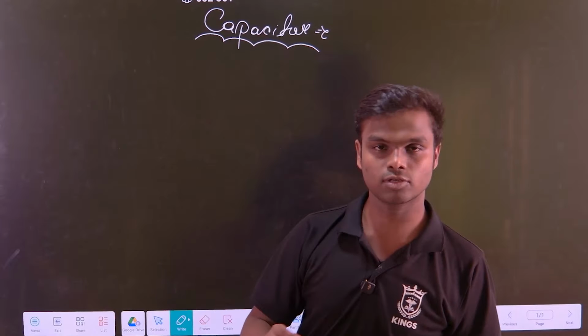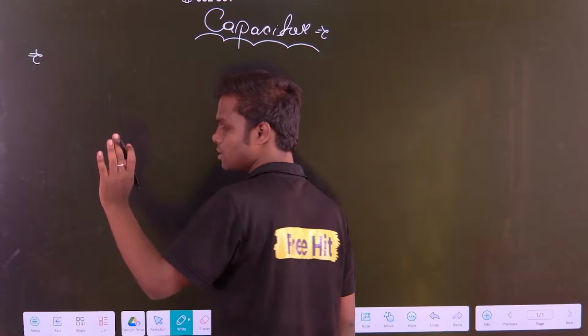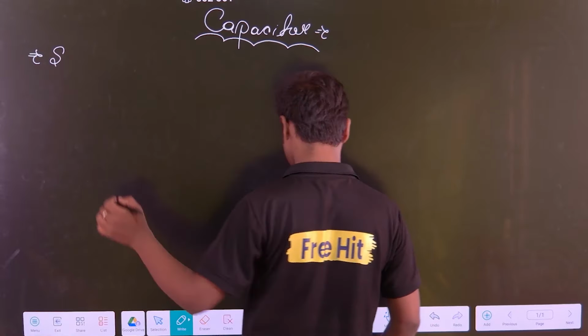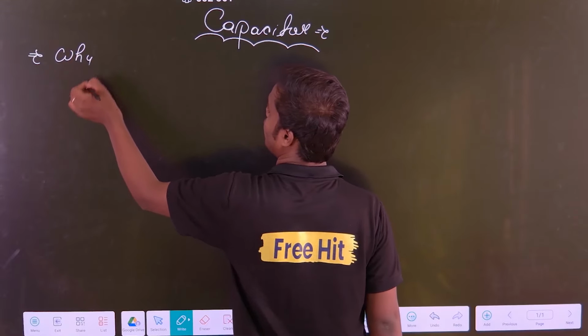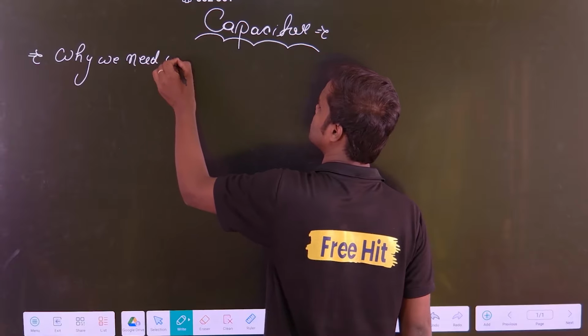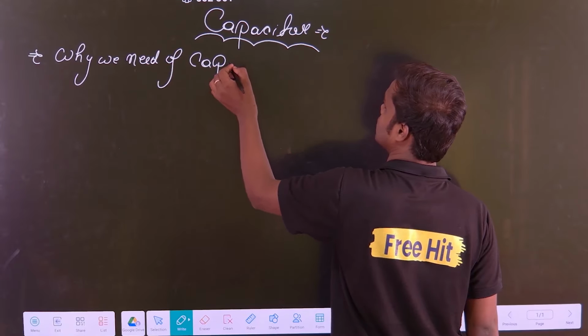First let us talk about why we need a capacitor. I'm going from the very basics. So the first question that comes into the mind is: sir, why we need a capacitor, what is the need of a capacitor, why is there a need to build a capacitor?